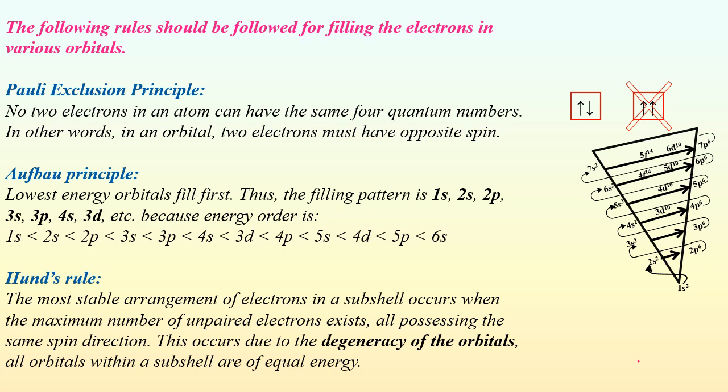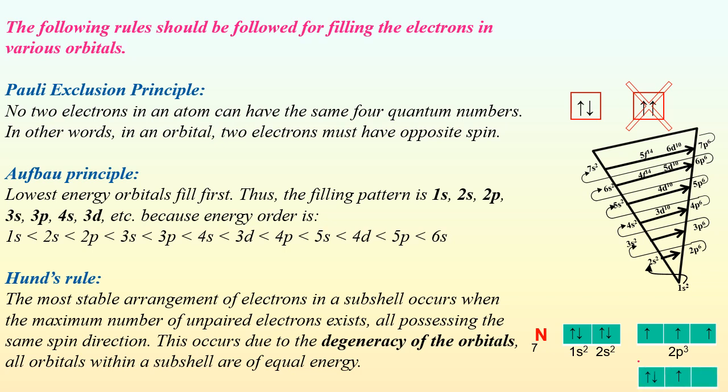Okay, students, the third rule is Hund's rule. Now, before going to this rule, let's take one example, nitrogen. There are 7 electrons in nitrogen, so we can write its electronic configuration as 1s2, 2s2, 2p3. Now, in the p orbitals, we have two options.